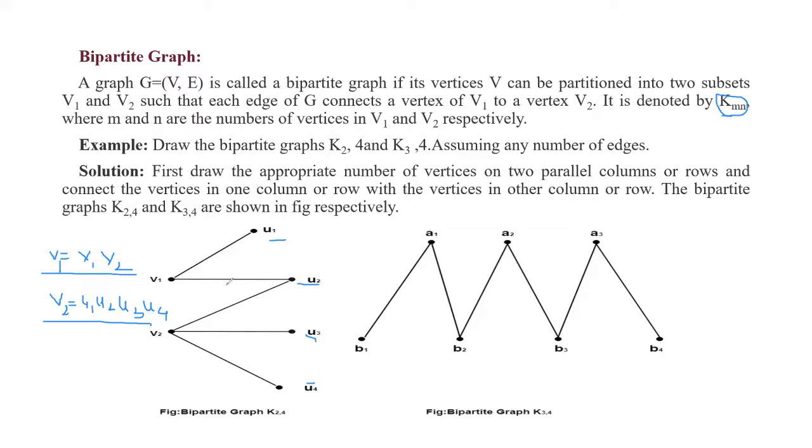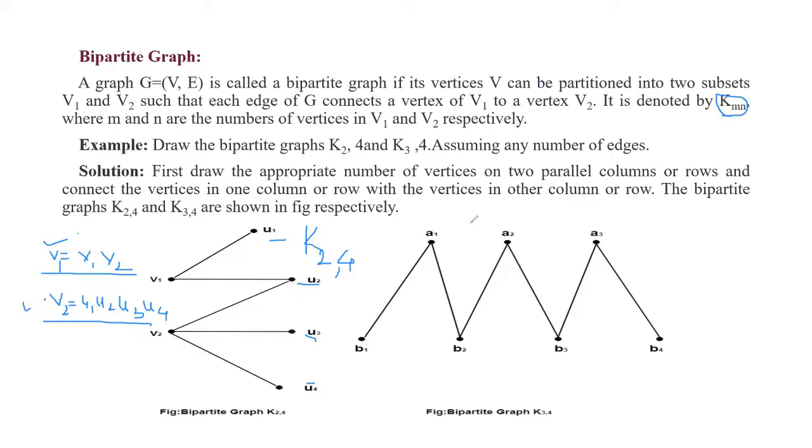So this vertex set is partitioned into two subsets, and this is K(2,4). One set contains two vertices, the other contains four vertices. You have to remember this, then we can find out this bipartite graph.